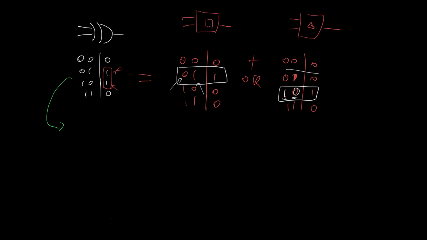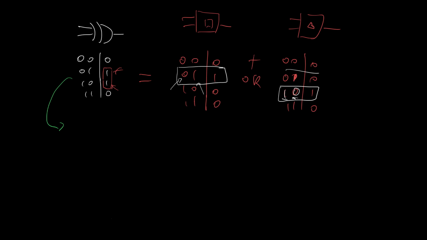Now I want the second input to be a 1, so I leave it, but the first input I'm detecting when it's a 0, so I need to put that one through an inverter. So now this circuit here, the one in green, is going to implement this logic gate over here. It's going to give me a 1 if and only if the input is 0, 1.